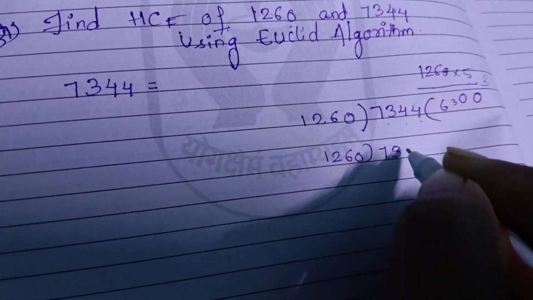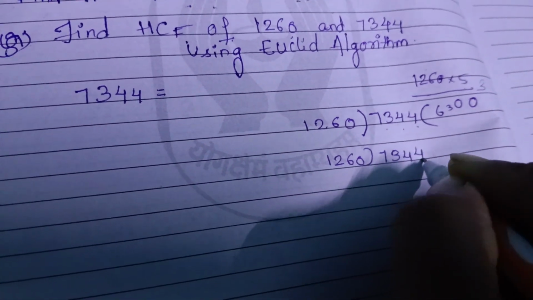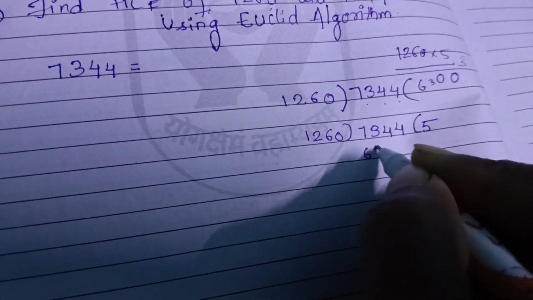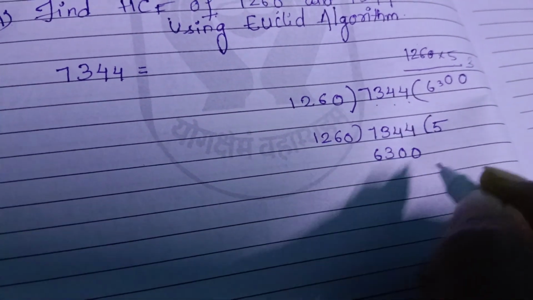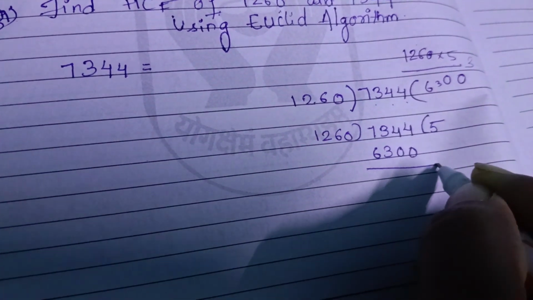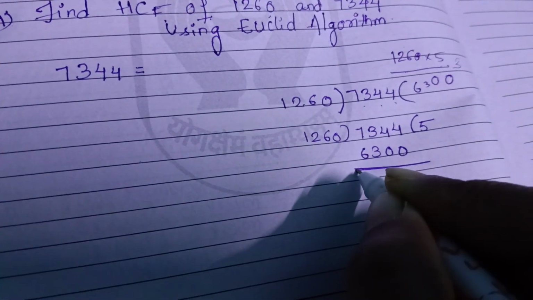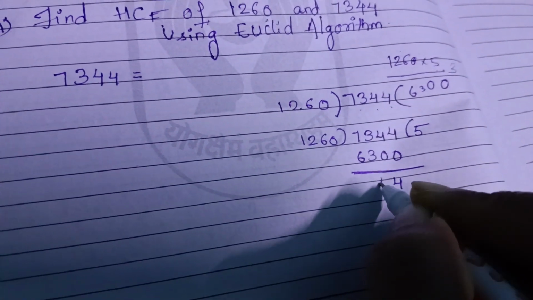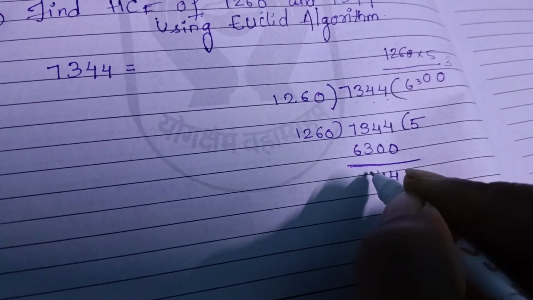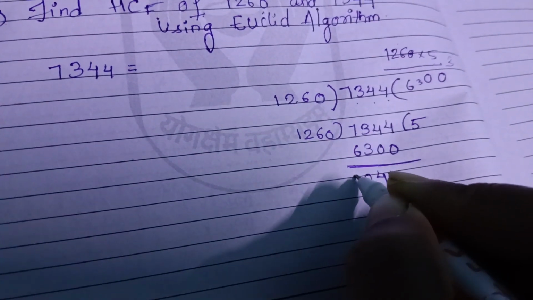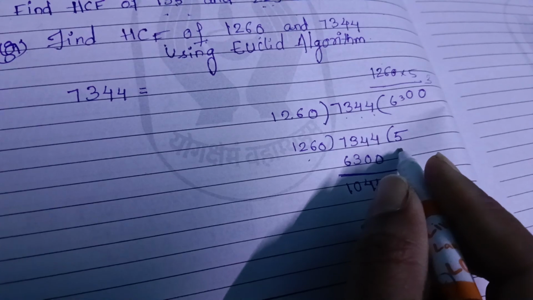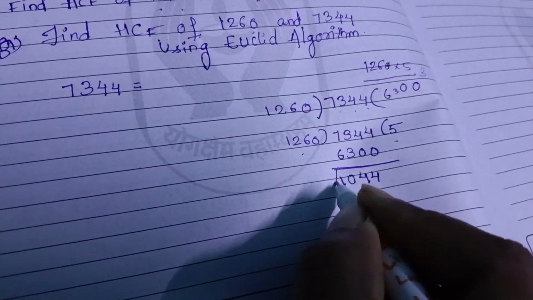1260 divided into 7344. 5 times how much is it? 6300. What will be the remainder? 4401... I mean 1044, right?